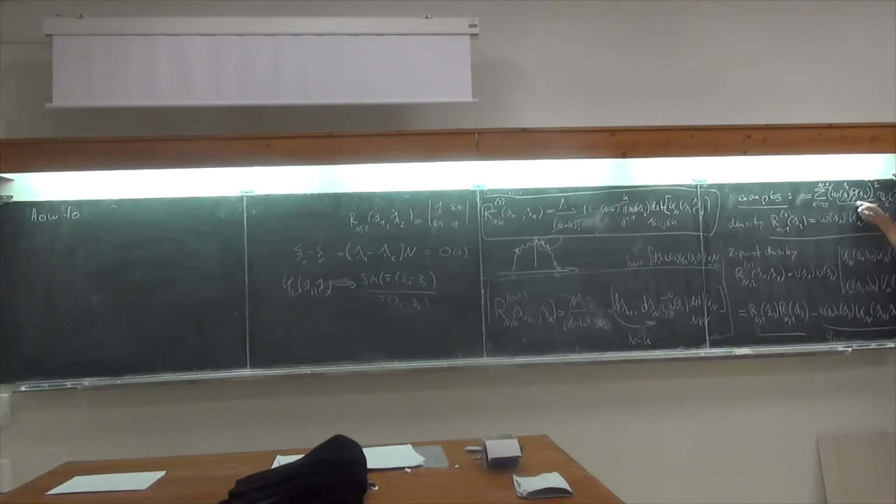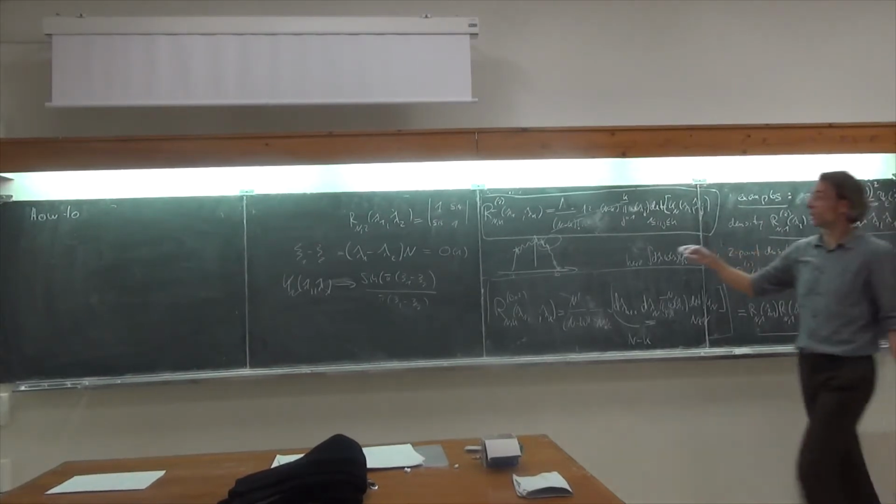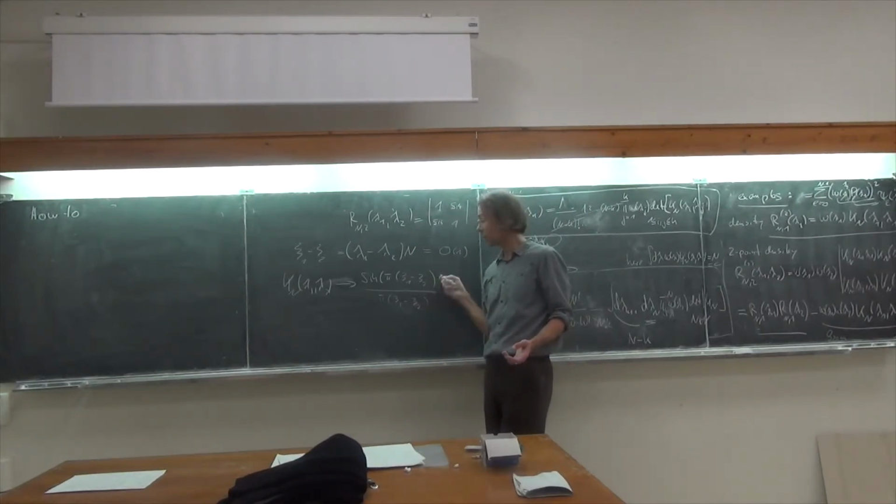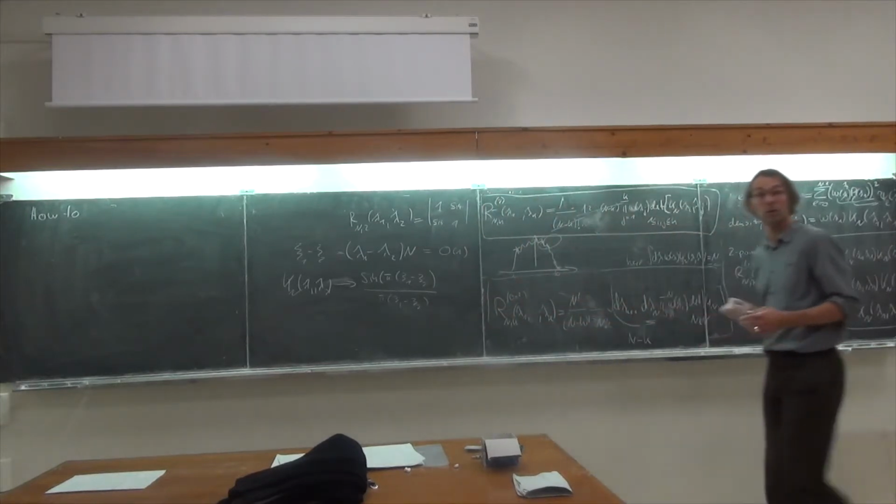Now we have a sum of even and a sum of odd polynomials. Now sine squared plus cosine squared gives sine of the difference of the arguments. So you see this comes out. This is the sine kernel that comes out from the Hermite polynomials.